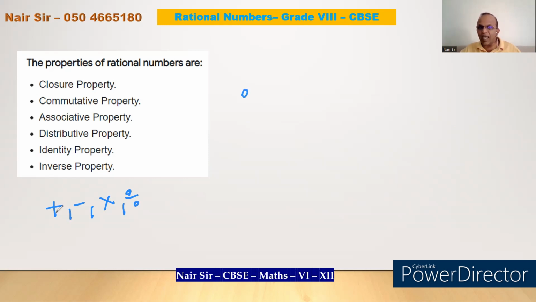That means A multiplied by B plus C is written as AB plus AC. If they are equal, then and only then the distributive property holds true.